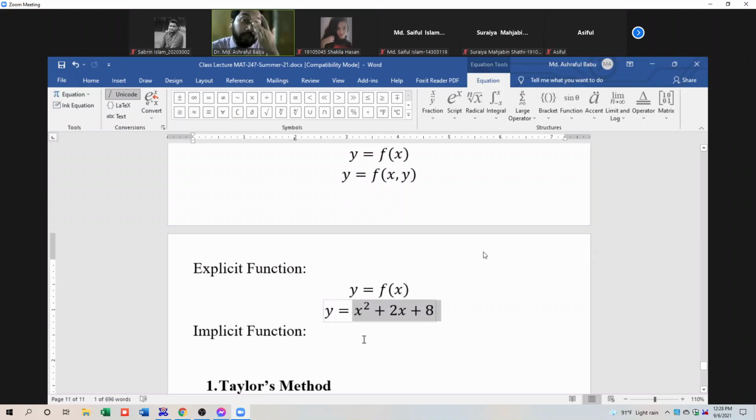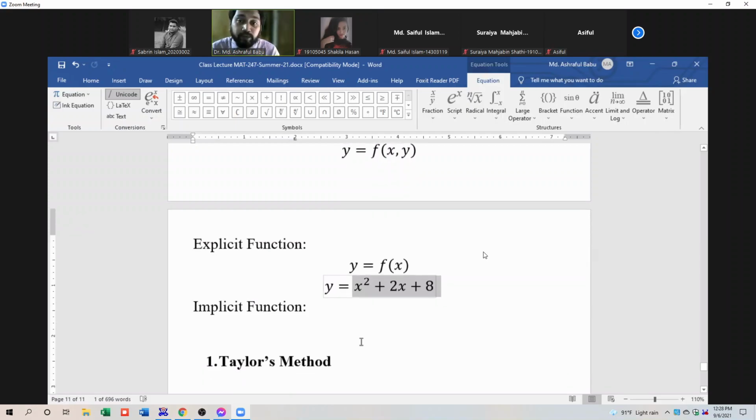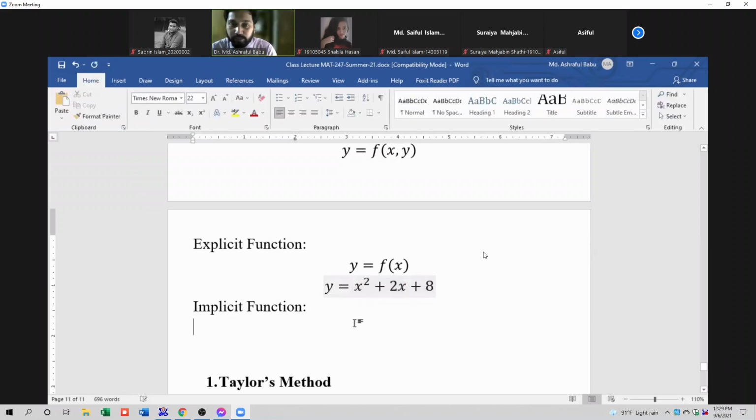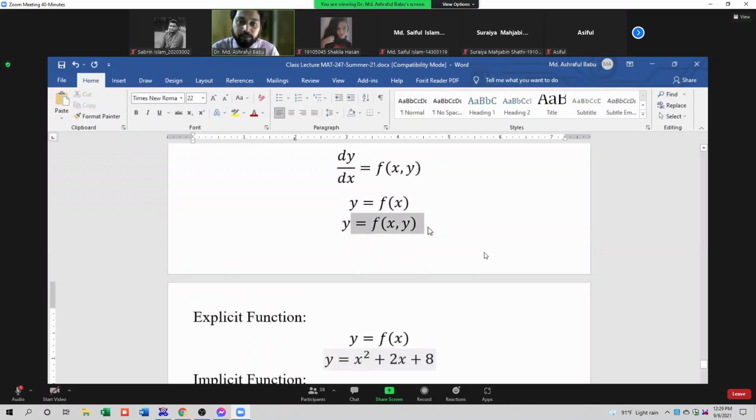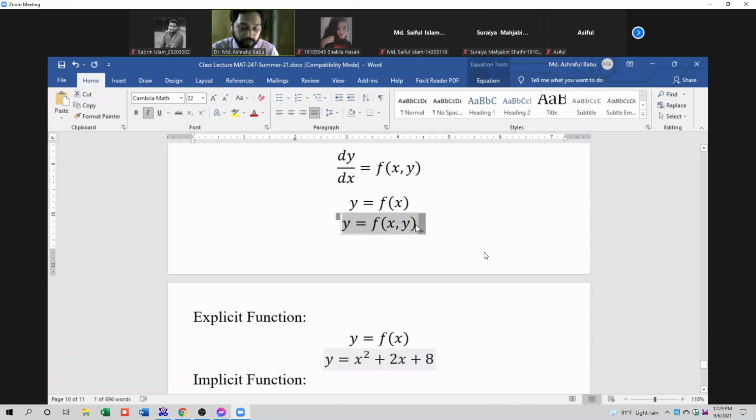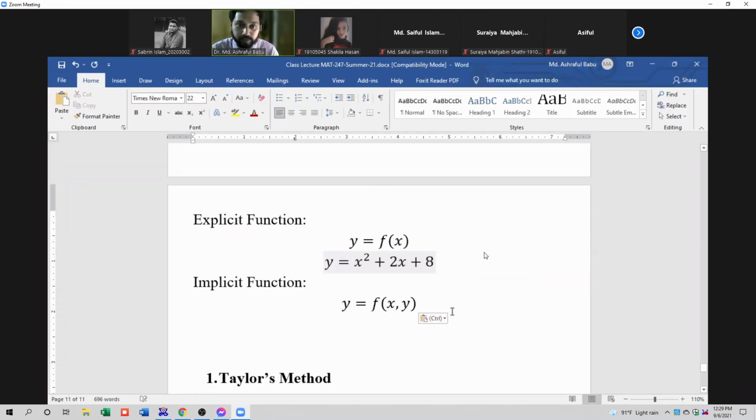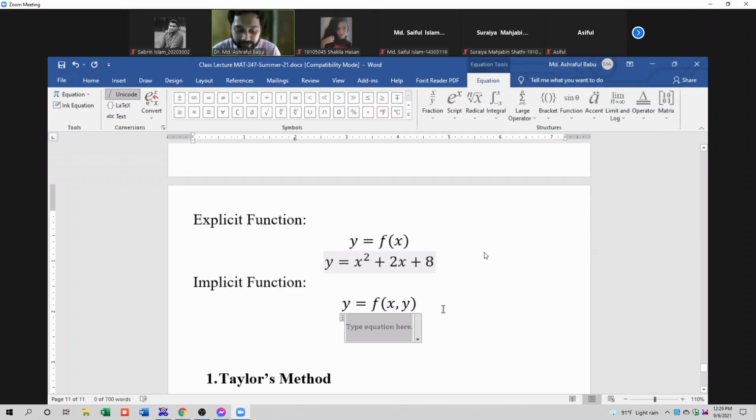And if we cannot, or if we do not separate the dependent and independent variable, that is actually called implicit function. So implicit function is actually like this form. That is called the implicit form of the function. That's where the variables are mixing. So you can write y equal to x squared plus 2xy plus y squared.